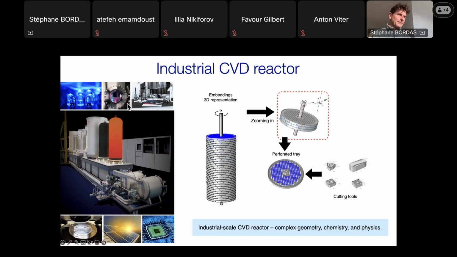Okay, you have applications here on the left. You can very easily see it. It's very useful for electronics, for solar panels. It's used to make a lot of tools where you need to have some very thin surface that is controlled in terms of thickness.